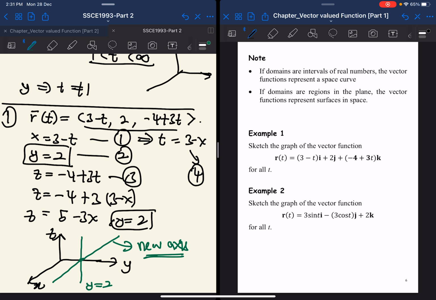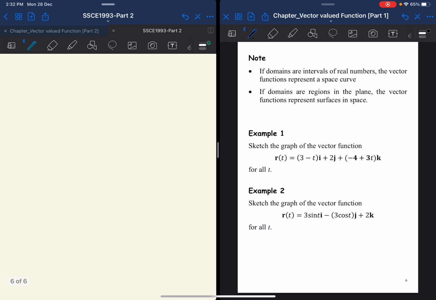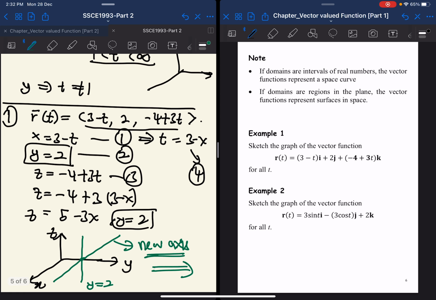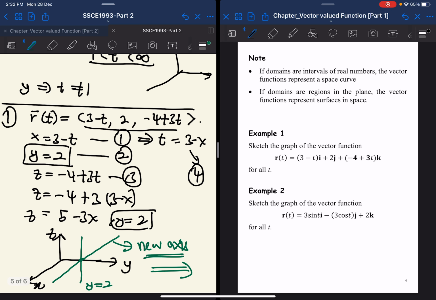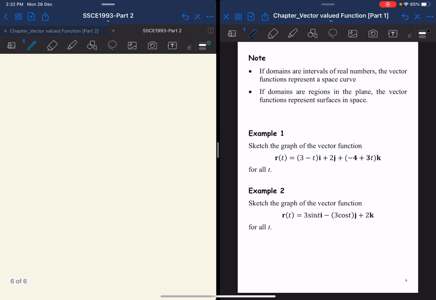Now we have figured out our new axis. Next, to get the direction of a curve, we need to know that it is on the new axis, based on the parametric equation that we have converted. How can we get the direction of the curve?